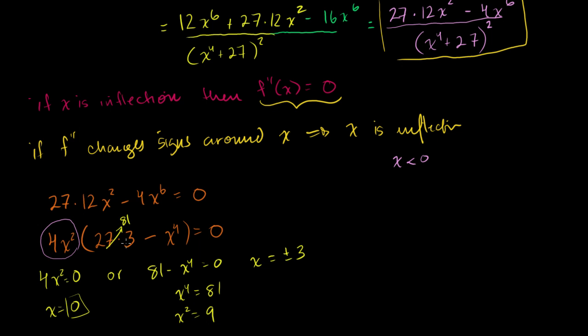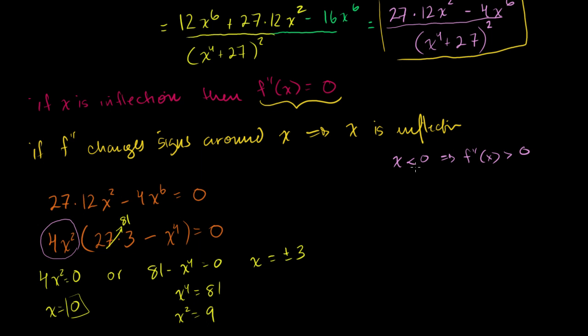And then this is going to be 81 minus 0.1 to the 4th. So that's going to be a very small number, right? So it's going to be some positive number times 81 minus a small number. So it's going to be a positive number. So when x is just slightly less than 0, our second derivative is positive.